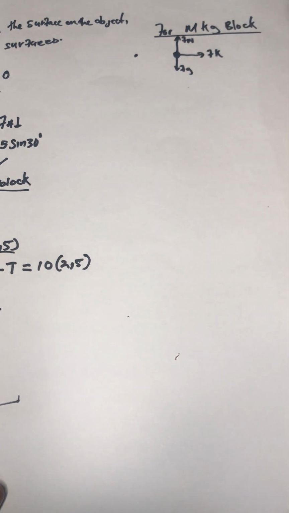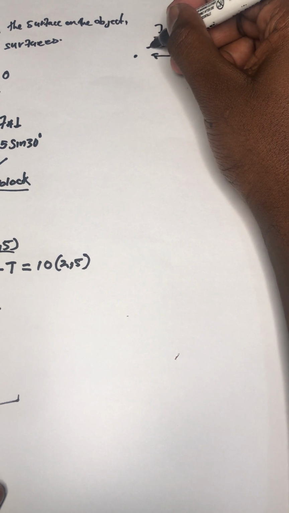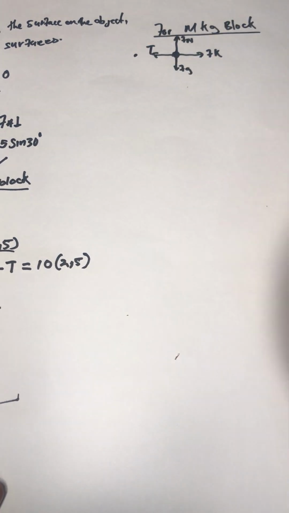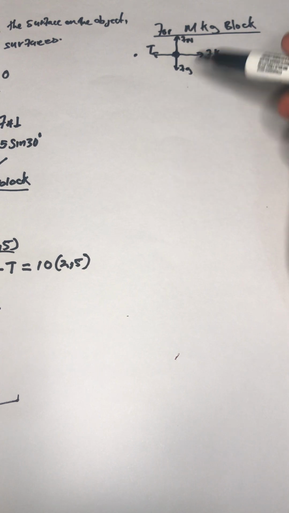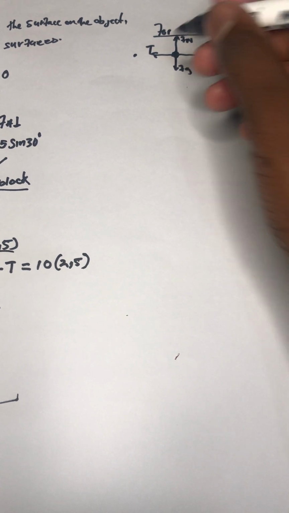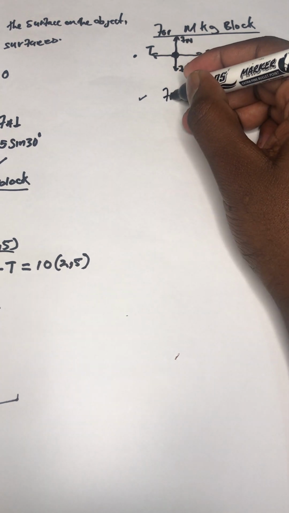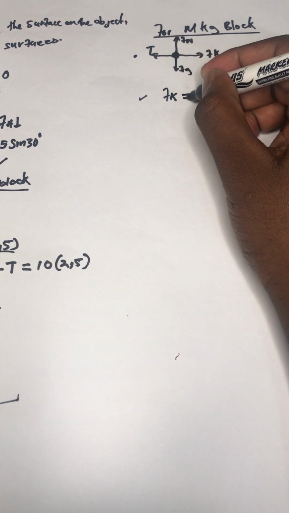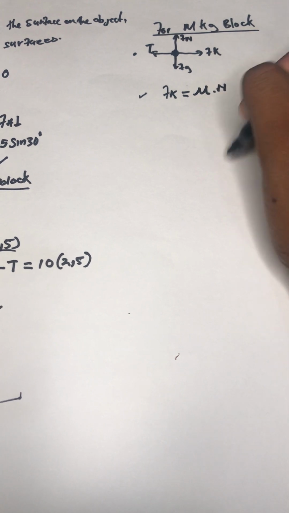Why is friction here to the left? Because the tension is to the right, and friction is to the left. Okay, so we already have the tension. Friction is equal to mu times normal force.